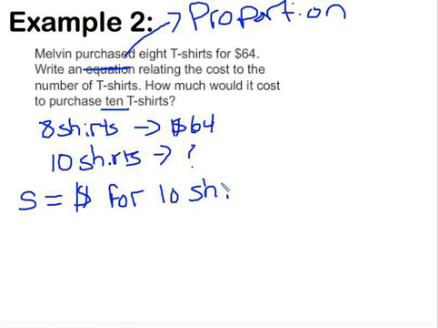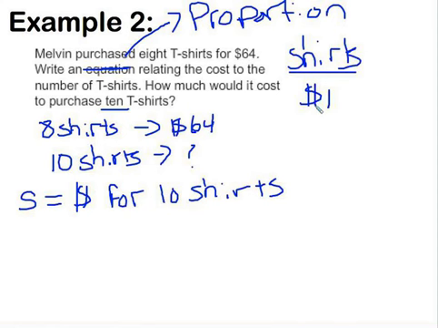Now, what variable you choose doesn't really matter. You could pick X, Y, A, B, C, D. It's just a variable to represent a value that you don't know. So in this case, I'm going to look at the rate of shirts to dollars, and in either case, shirts to dollars should be equal to shirts to dollars.